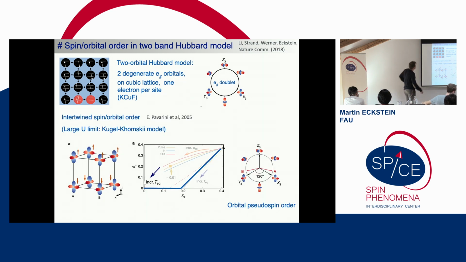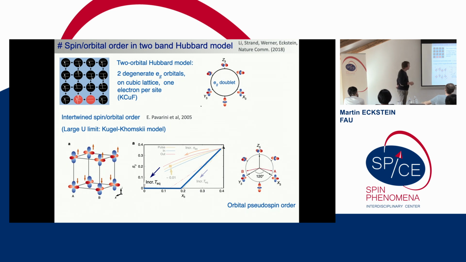If you just have the electronic model, just electronic superexchange, the order which can emerge will be one in which, for instance, you have both magnetic and orbital order, where you have ferromagnetic planes that are antiferromagnetically coupled, and the orbital order forms a staggered, antiferro pattern.